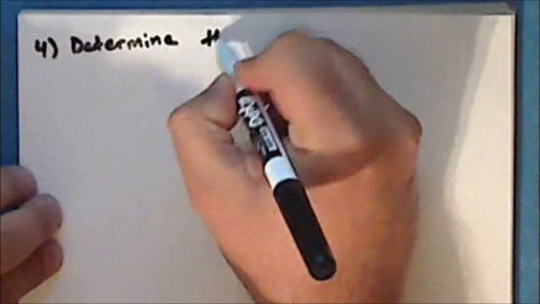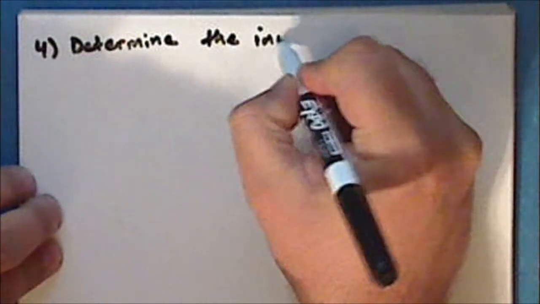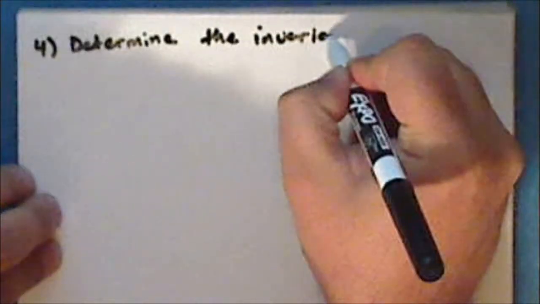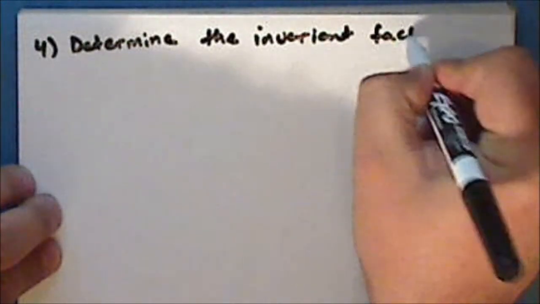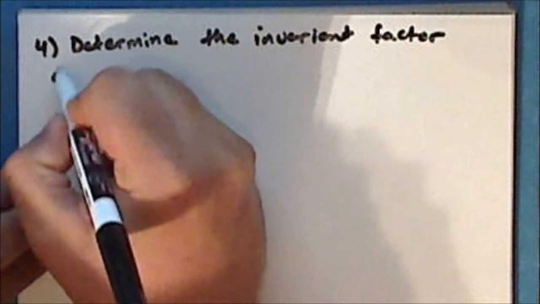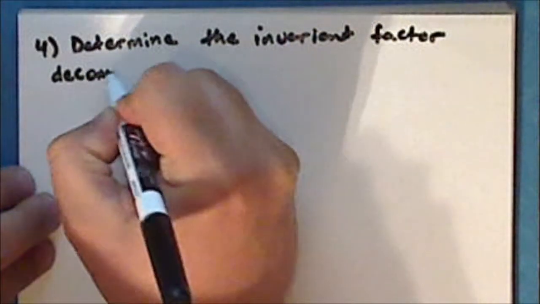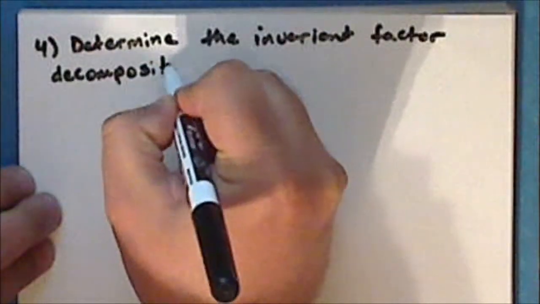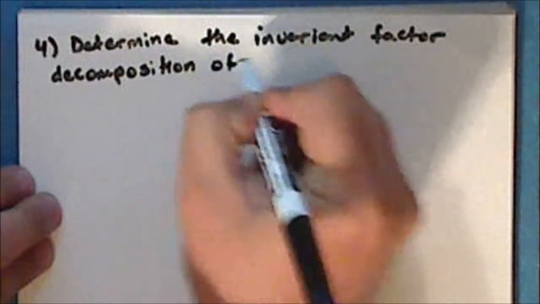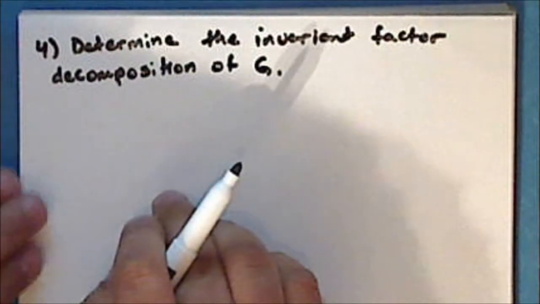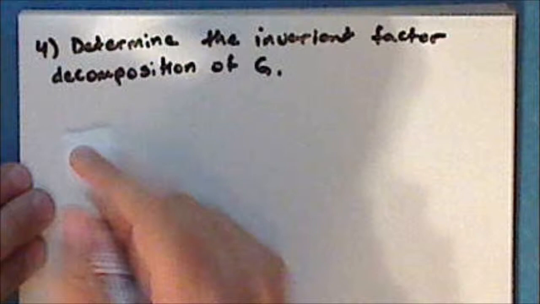Okay, so in part 4, we are to determine the invariant factor decomposition of the group G. And this one we can almost do by inspection.